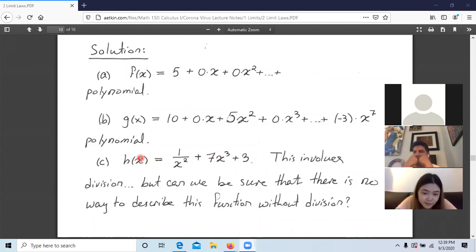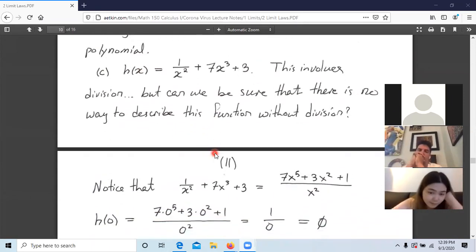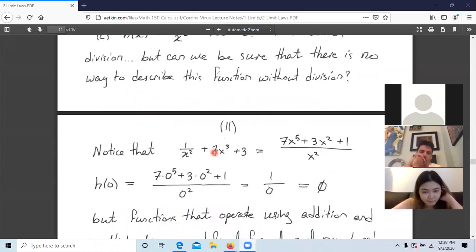Because any number can be processed by addition and multiplication. There will not be an error. But look at it, I plug 0 here, I have 7 times 0 plus 3 and 1 over 0, that's undefined. So I cannot express it using multiplication and addition alone. Maybe I can express it without division some other way, but definitely not this way.